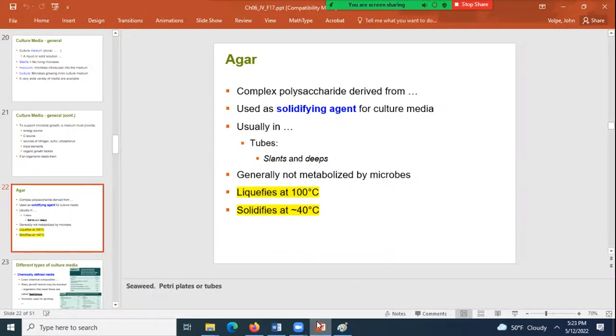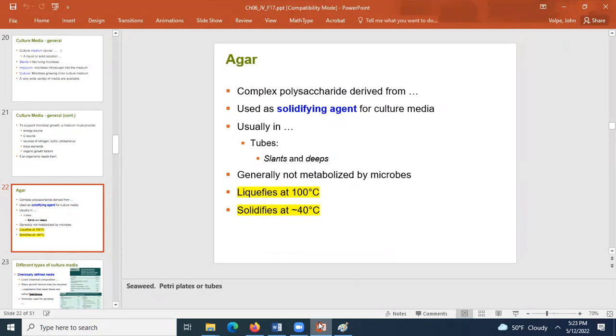Agar is generally not metabolized by microbes. That's why it is used so much in microbiology to make the media solid. If you read about Dr. Koch, he invented growing things on solid media and initially made the Petri dishes solid by adding Jello.